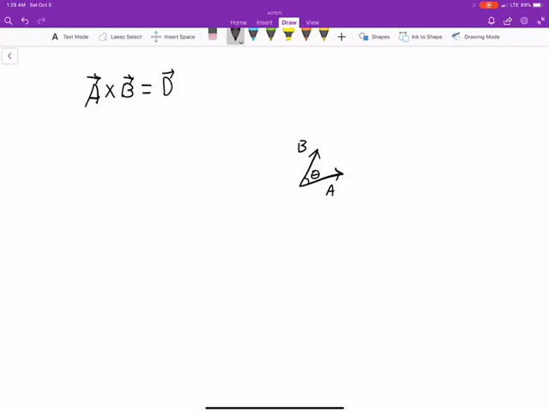So vector D is going to be perpendicular to both A and B. Well, the only way it can be perpendicular to both would be if it comes either out of the page or into the page.